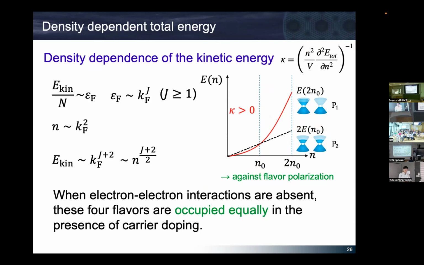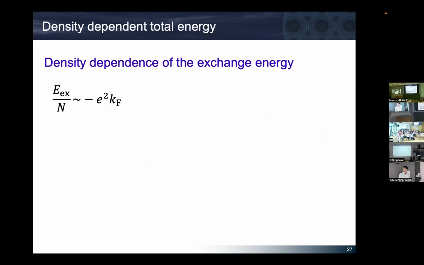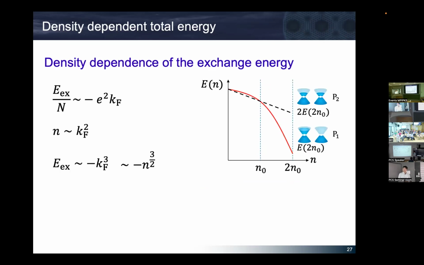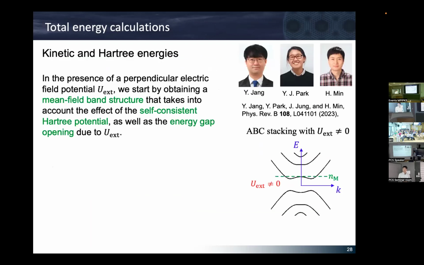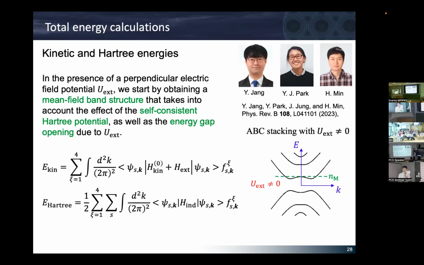So we tend to favor the equally occupied phases, whereas if the energy evolution with density is concave down, we tend to valley and spin polarize the system. And this kind of behavior is shown.